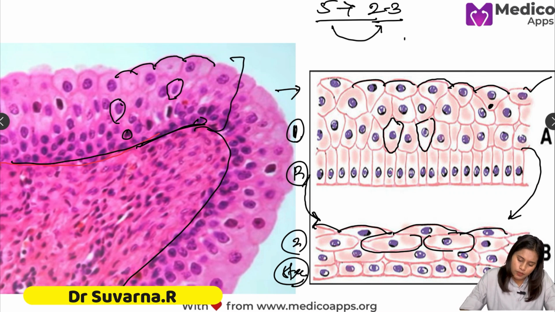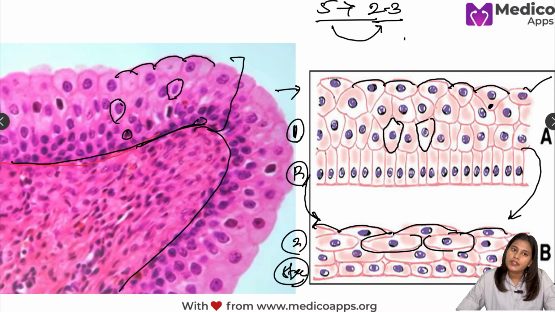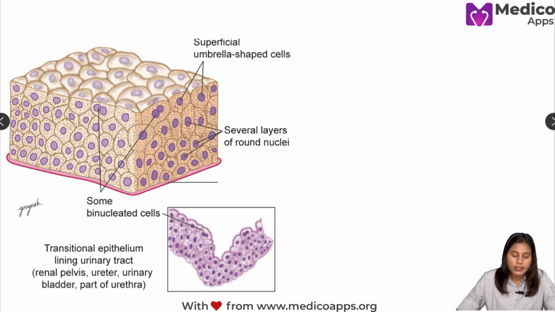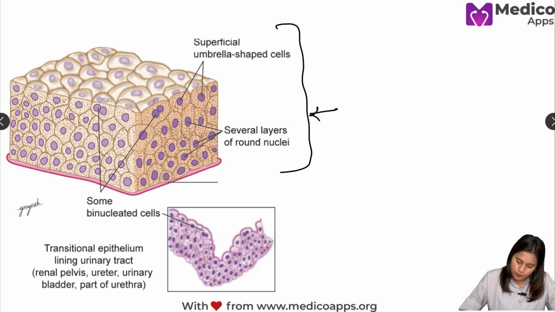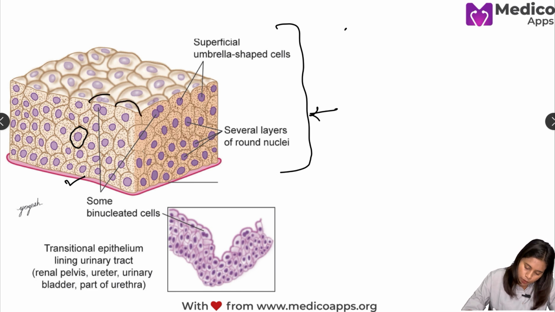So we know that this epithelium is a transitional epithelium. Then we will see why the other options are not correct. This is the diagrammatic representation of the transitional epithelium. The basal layer of the cells is cuboidal, the middle layer is polygonal, and the upper layer is dome-shaped when the bladder is relaxed.